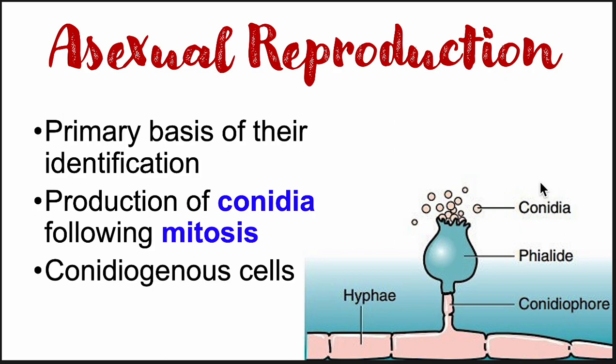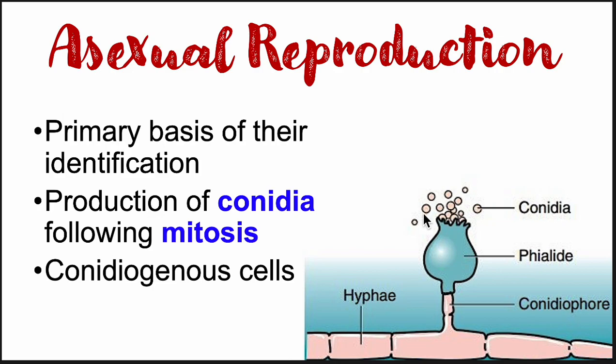We call this one phialoconidia. These phialoconidia are formed from conidiogenous cells, like this one, the phialide. In this case, the conidiogenous cell is the phialide. It's a vase-like structure that blows out the conidia. So the phialoconidia are blown out of the phialide.